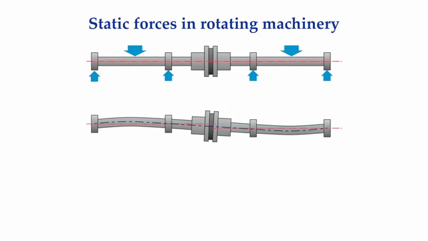The gravitational forces are still there, but now, through the coupling, the shaft on the right induces a downward force on the shaft on the left. This force now produces an additional force on the inboard bearing in the downward direction, but it will produce an upward force at the outboard bearing.